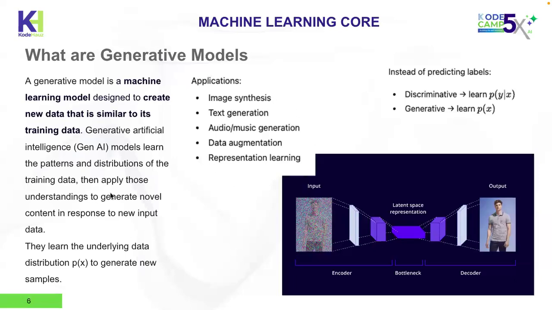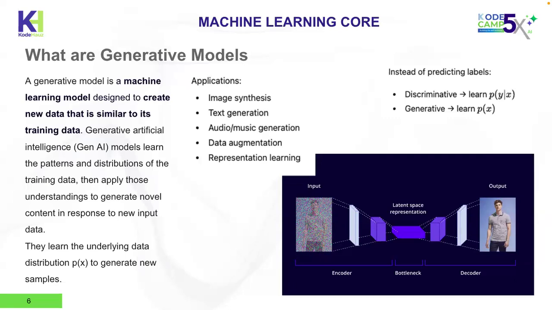So just going through it, right? A generative model is a model that's designed to create new data. I think that's what we've talked about. It creates new data because it has learned patterns and distributions of the training data, right? And it applies those. So essentially, it has what we call the latent knowledge or the latent representation, right?